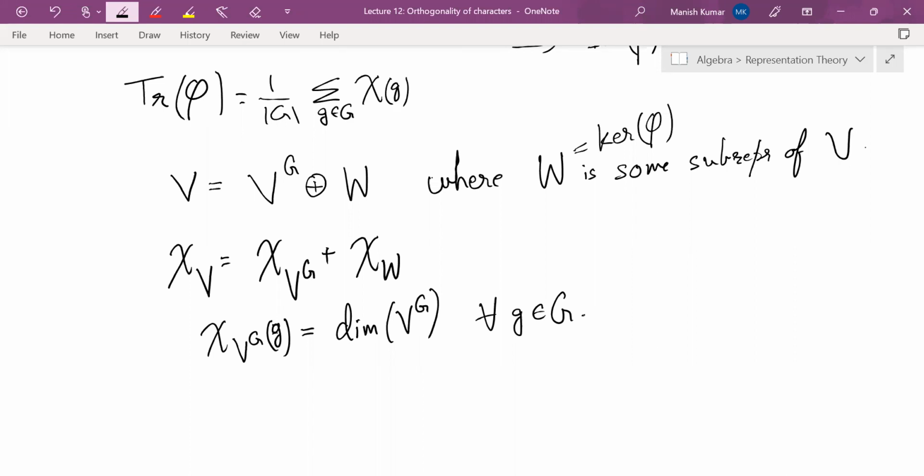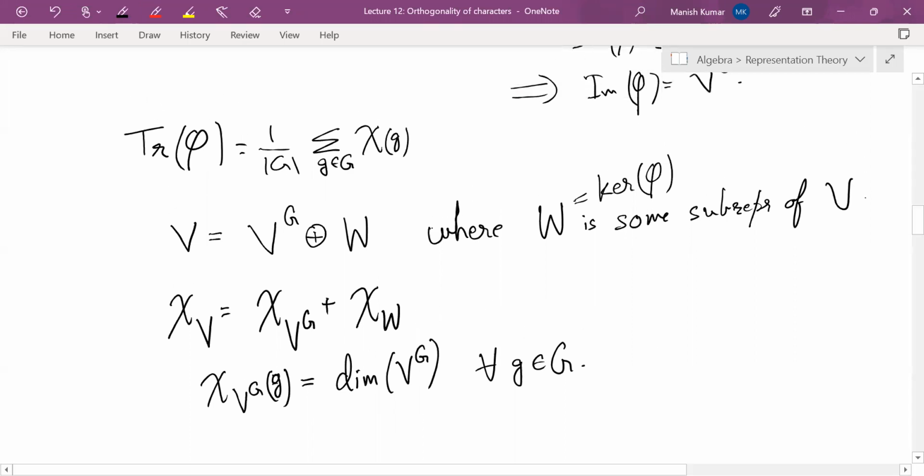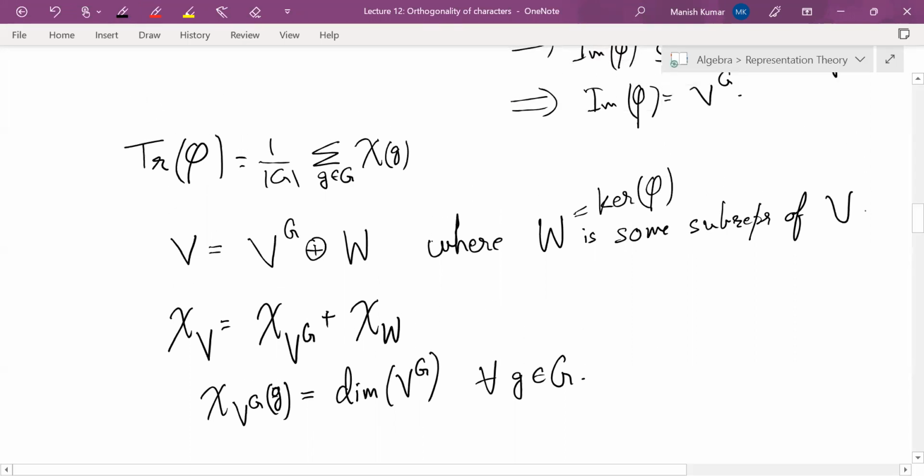So note that phi is identity on V^G. So what am I trying to say?